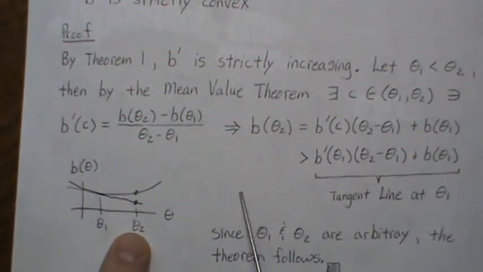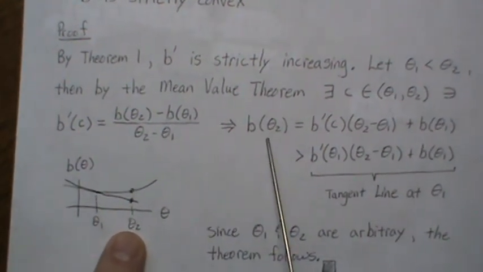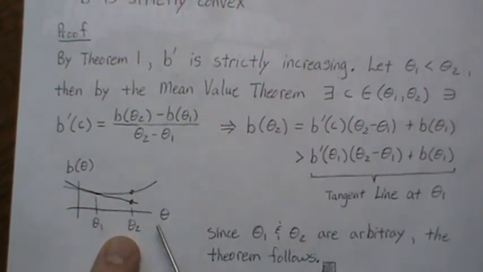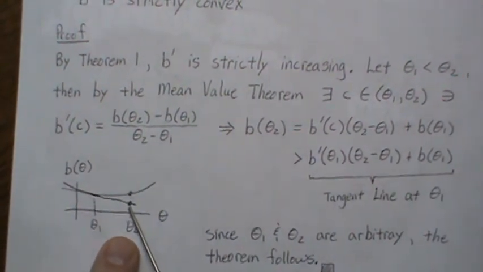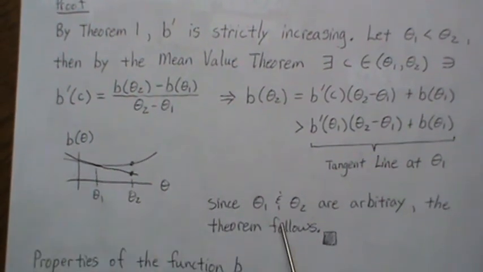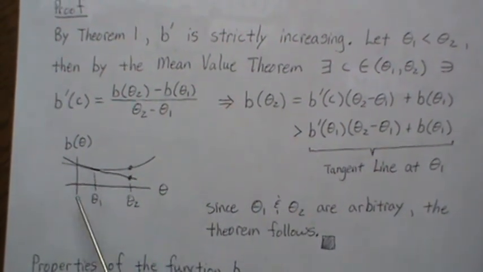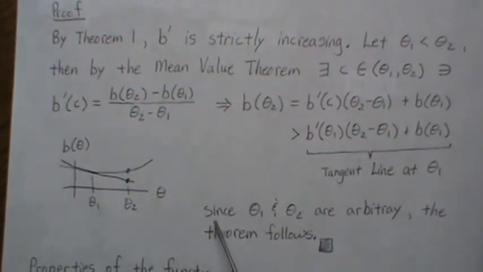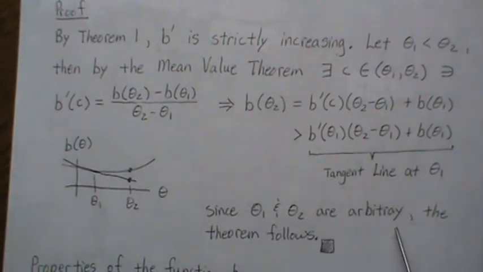We just showed that the function value at theta 2 is always strictly greater than the value of the tangent line, okay? But since theta 1 and theta 2 are arbitrary, this works for any 2 points and the tangent lines that we create. So since they're arbitrary, the theorem follows.